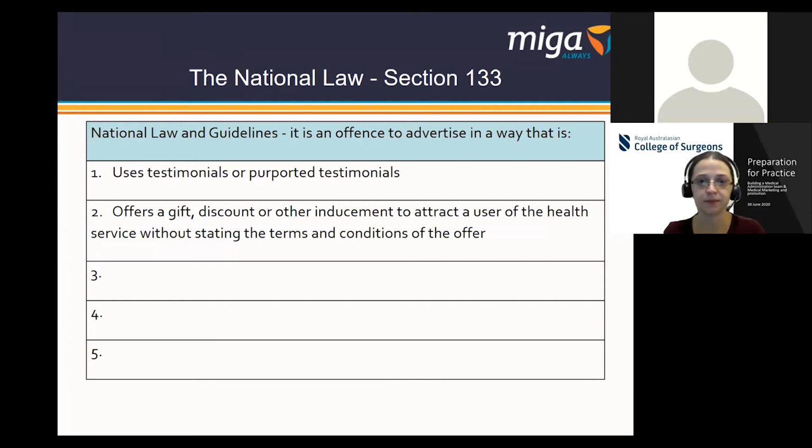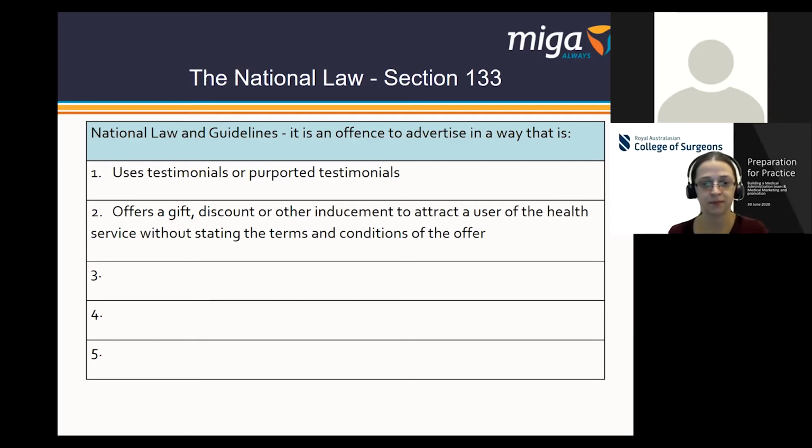There are different organisations that will be monitoring, and that you've got to be aware of when it comes to marketing yourself and your practice.